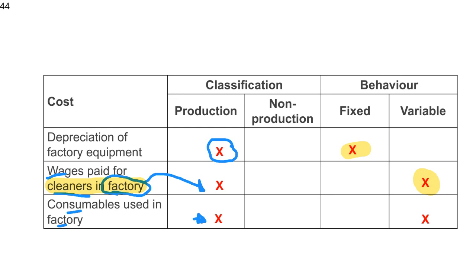Or you can even ask yourself, if I were to add an extra shift, if I was increasing production and now I had to add an extra shift of workers in the factory, would I need an additional cleaner? And again, the answer is yes. So can you see how it varies? That cost varies with the level of production. Similarly, a manager is more like a step cost.